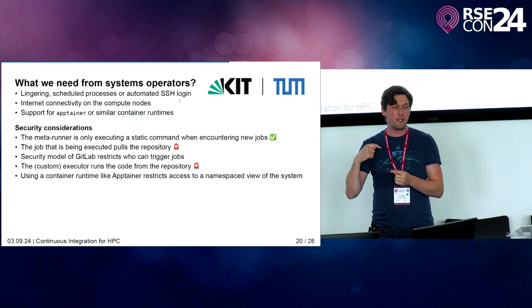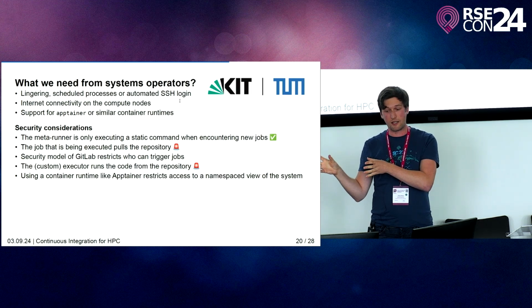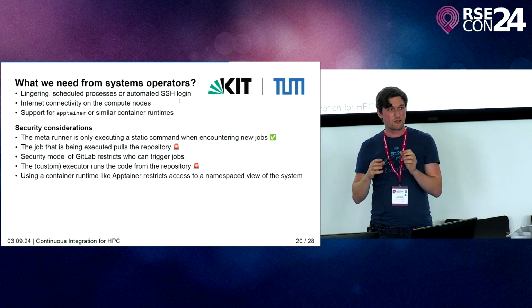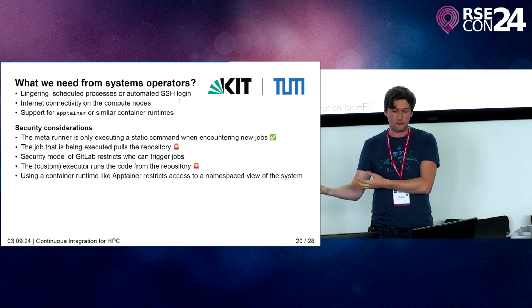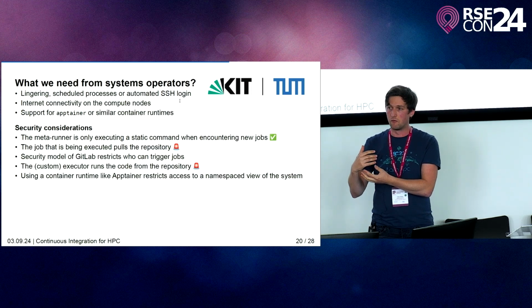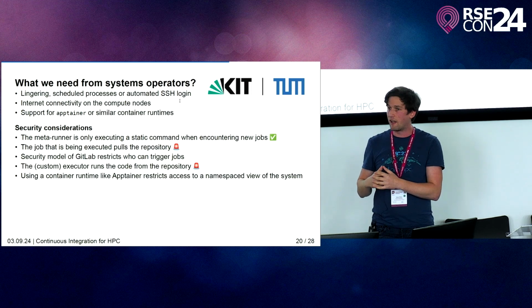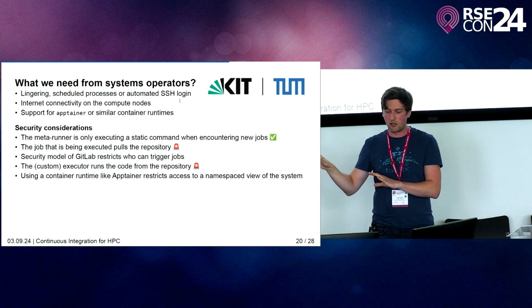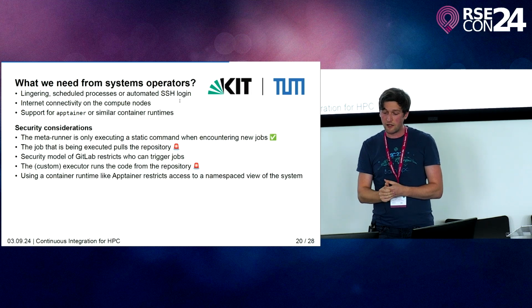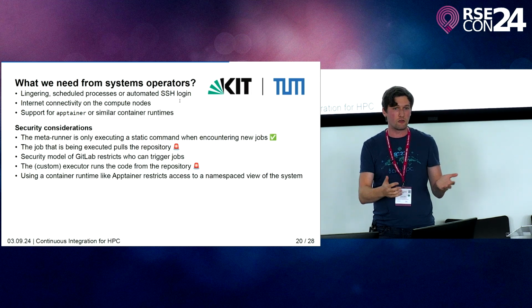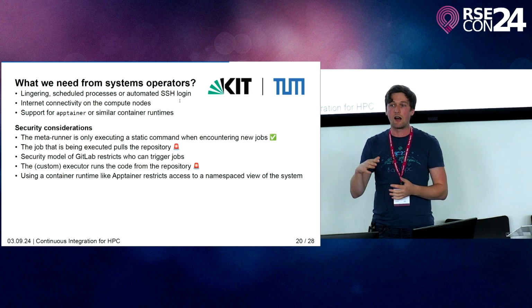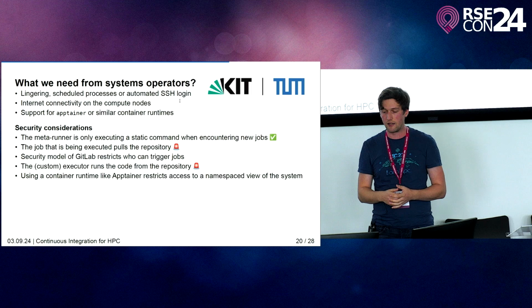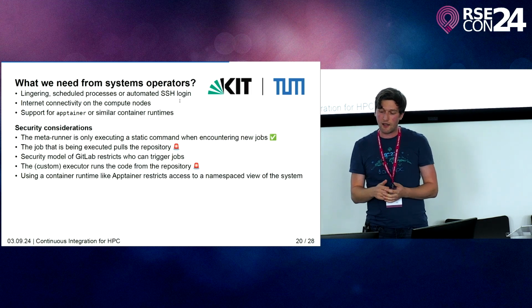But the job that is being run on the compute node then needs to pull the repository. So any kind of code that is being executed as part of the CI job would be pulled from the repository. So there is some danger of people injecting code in there, but the security model of GitLab or GitHub is already geared toward that. So we're able to prevent arbitrary people just pushing code and triggering jobs that way.